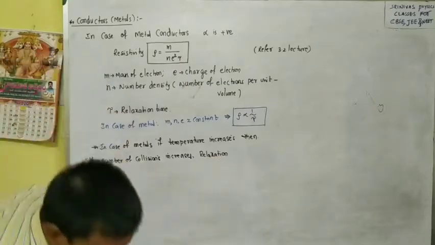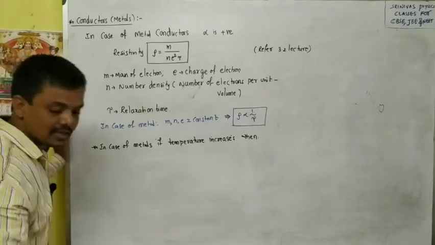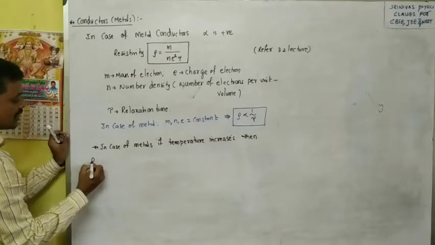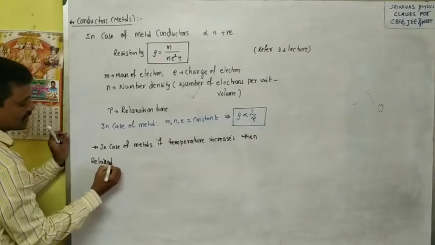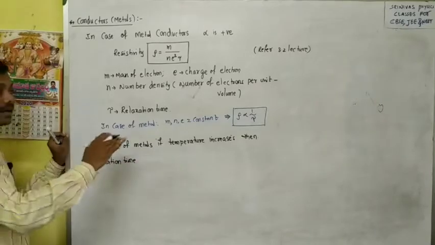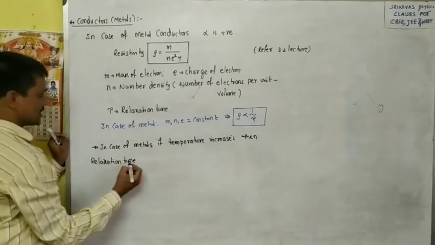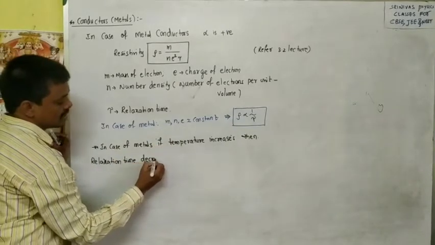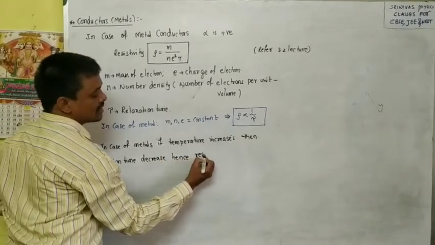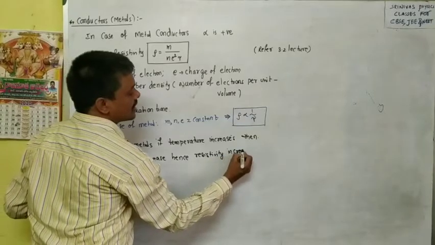Now we can write. In case of metals, if temperature increases, then what happens? Relaxation time decreases. Why? When temperature increases, electrons move randomly and collisions increase. When collisions increase, the relaxation time decreases. Relaxation time decreases, hence resistivity increases.